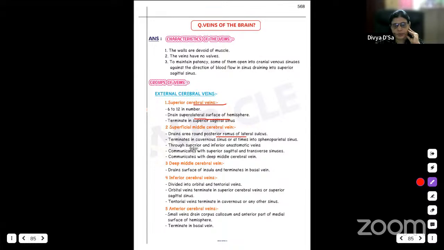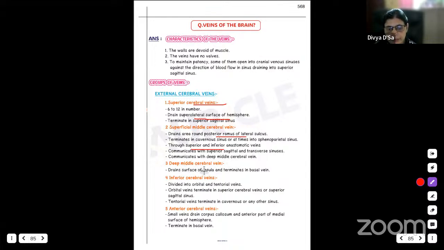Through the superior and inferior anastomotic veins, it communicates with the superior sagittal and transverse sinuses. This superficial vein also communicates with the deep middle cerebral vein.